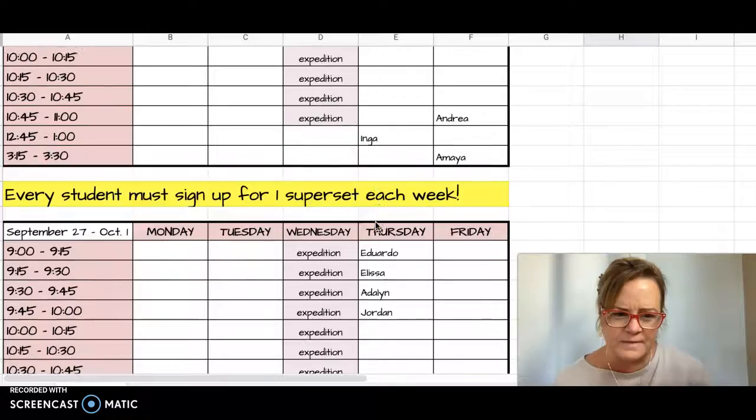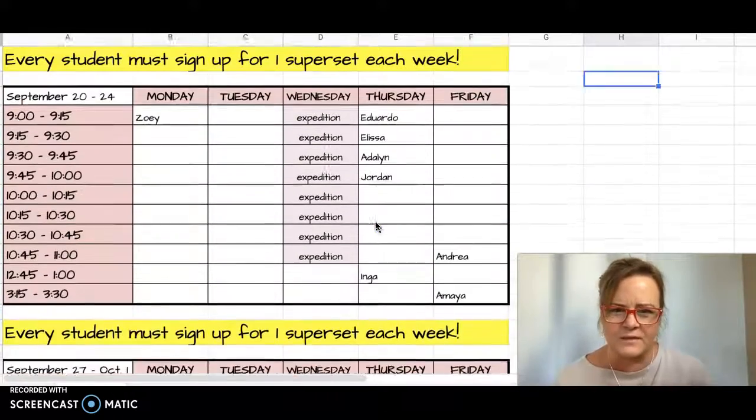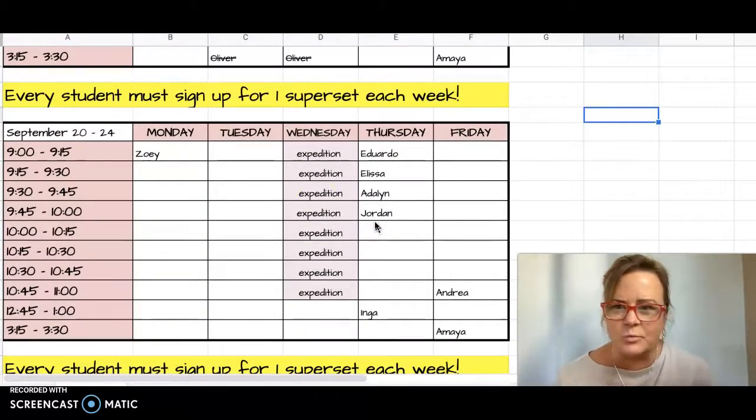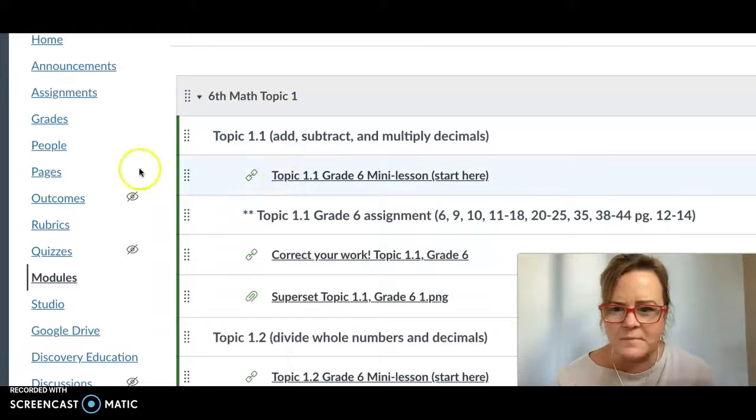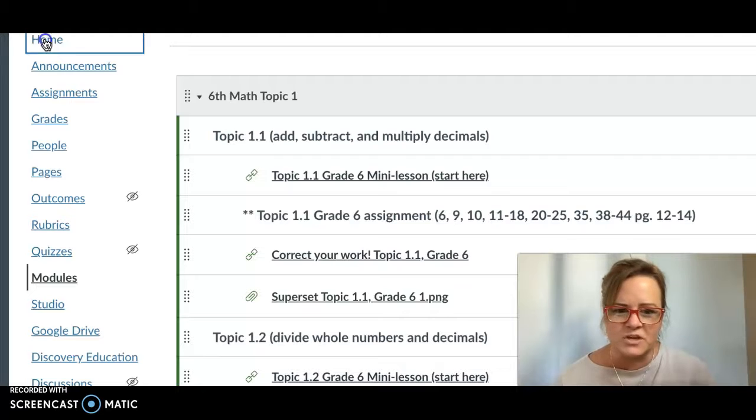So I hope that helps parents and even kids understand kind of how that is working this year with our math content. If you have any questions about that, please let me know. I'm really excited about this approach for kids.